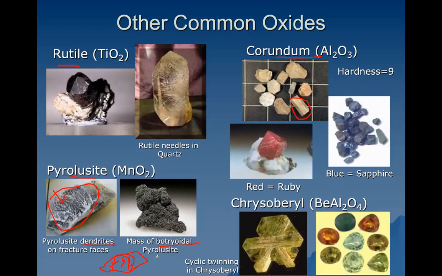So this is pyrolusite anyway. And what else? Chrysoberyl is there. And this is a twin crystal, chrysoberyl twin crystal. And sapphire, that is corundum, right? And ruby is there. Corundum family. All these are oxides.